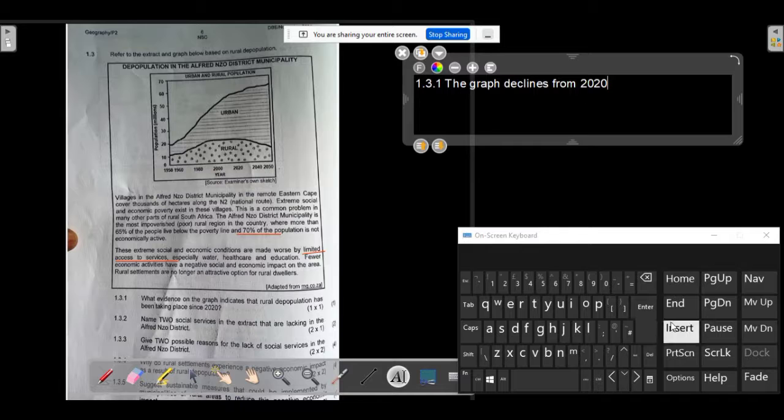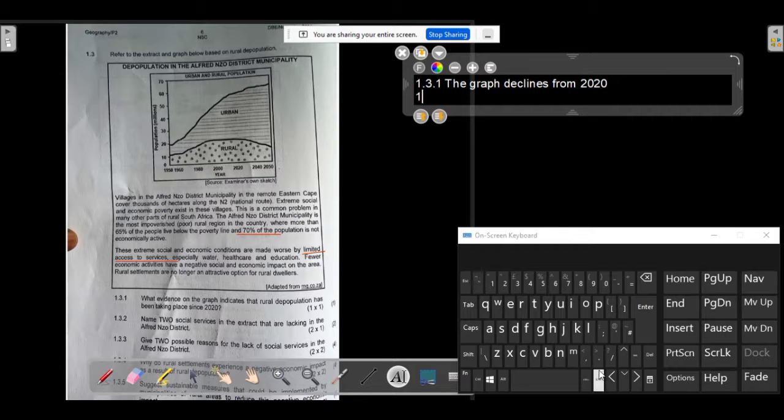Then for 1.3.2: name two social services in the extract that are lacking in the Alfred Nzo district.